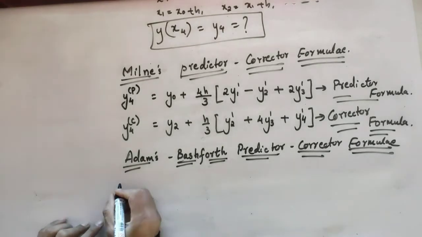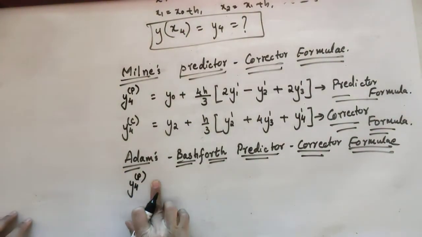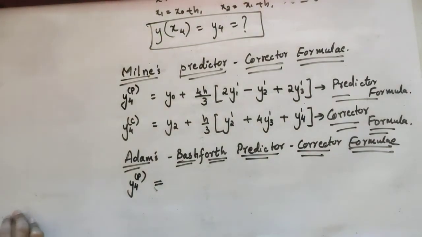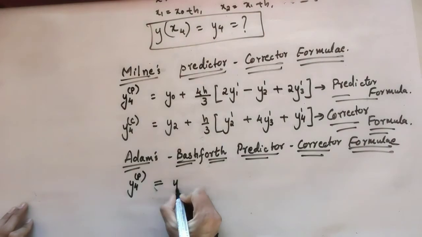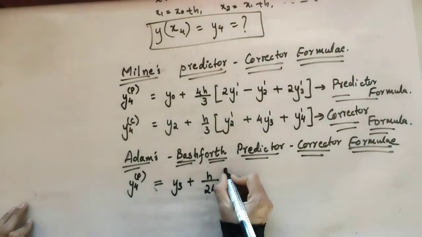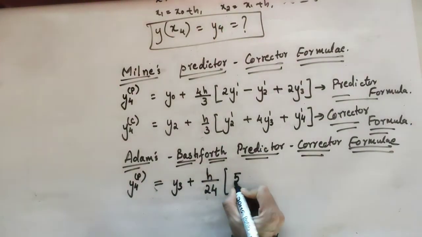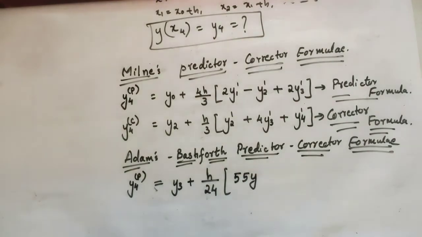So the predicted value for Y4 by this Adams-Bashforth method is Y3 plus h by 24. Here the coefficients for the respective derivatives are quite weird, but you should memorize them. It's the only way to remember.